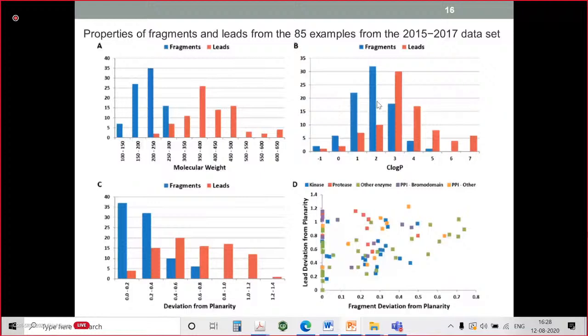Similarly, for the calculated partition coefficient log P, plot B shows the comparison for the fragment and the lead molecule. This is the maxima, and it shows the fragments have a log P value near around 2, whereas the drug molecules have near around 3.